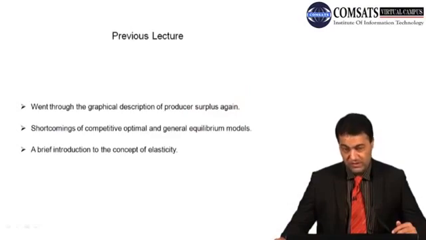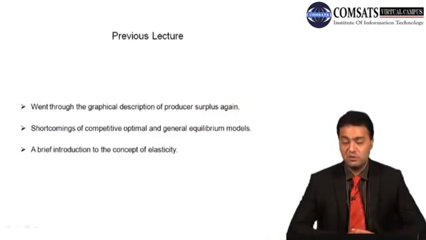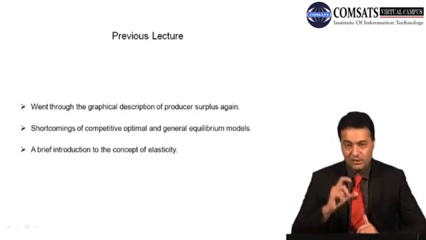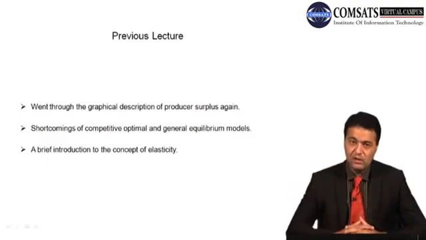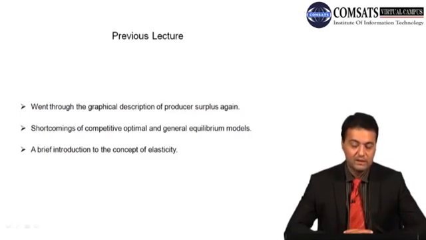First of all, in the previous lecture, we went through the graphical analysis and description of producer surplus again. We did some part in the lecture before the previous lecture. Then the last one concentrated, if you remember, on depicting the specific areas of producer surplus in a perfectly competitive model of Pareto optimality that we were looking at.